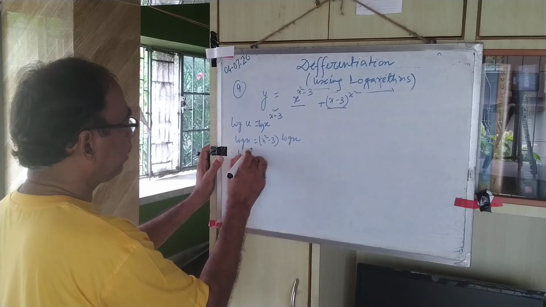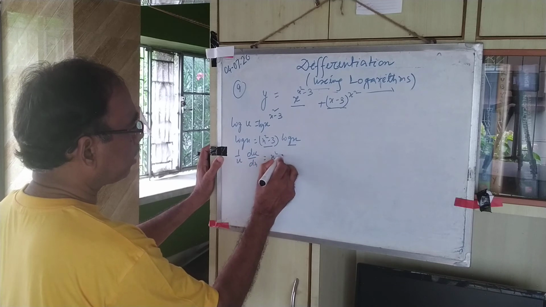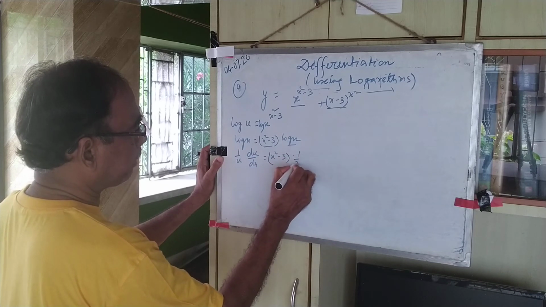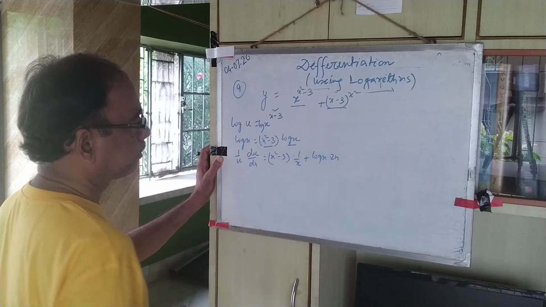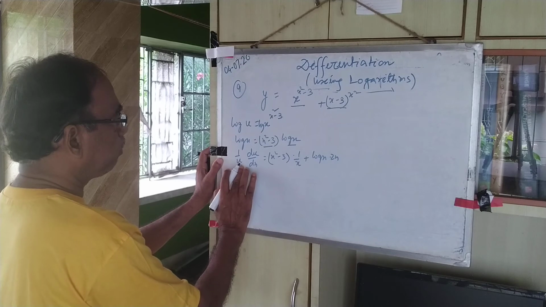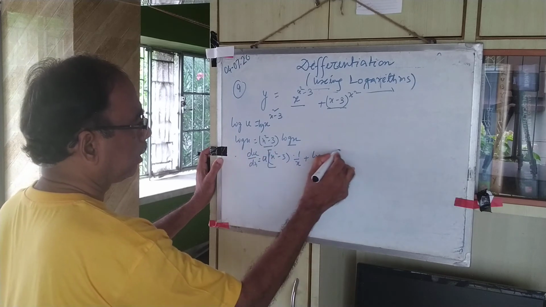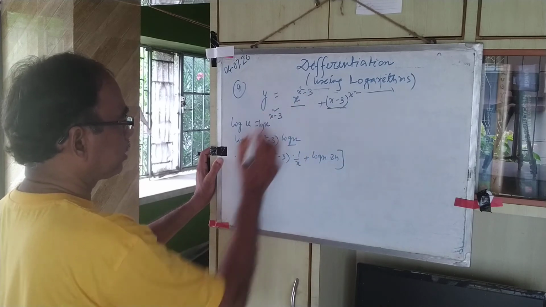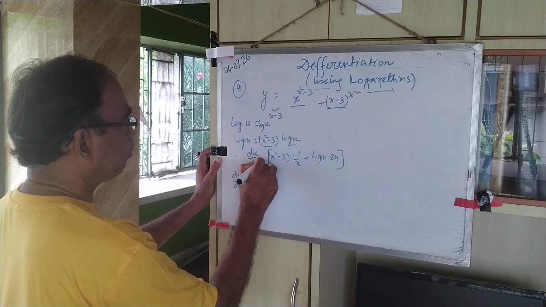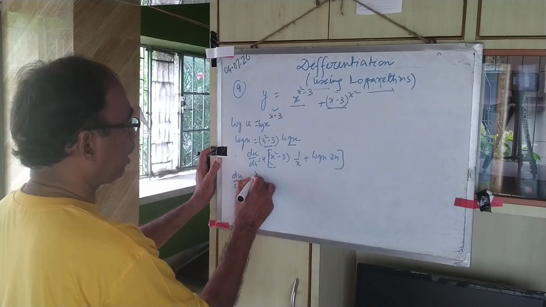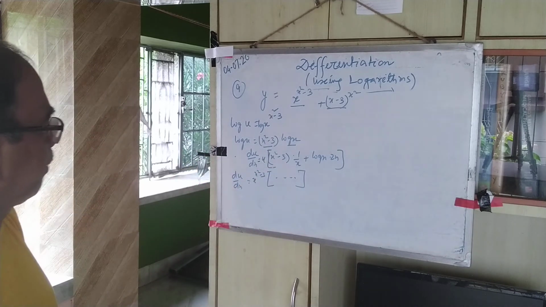Then 1 by u du by dx: x square minus 3 is constant and the derivative of log x is 1 by x, plus log x constant into the derivative of x square minus 3. So du by dx is u into this. Putting the value of u, the final answer is du by dx equals x to the power (x square minus 3) into whatever is there.